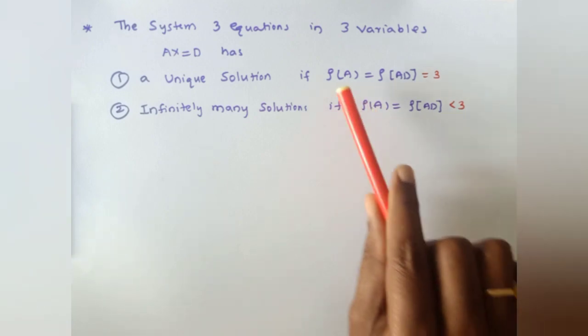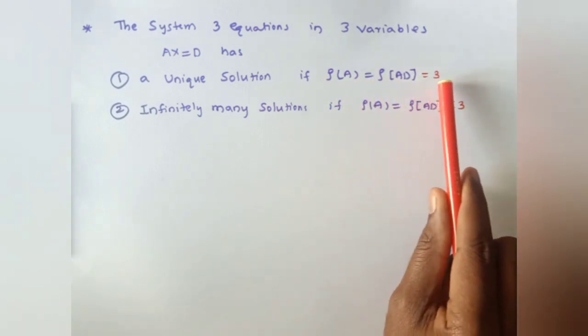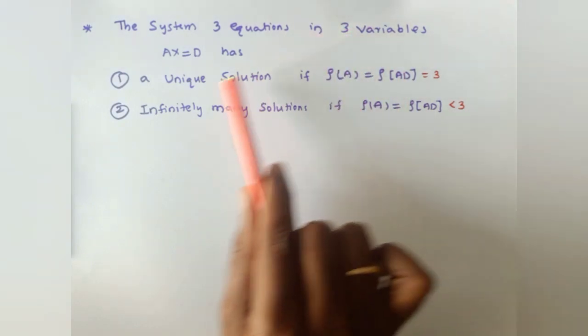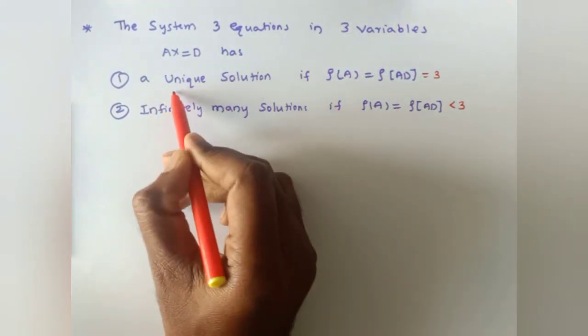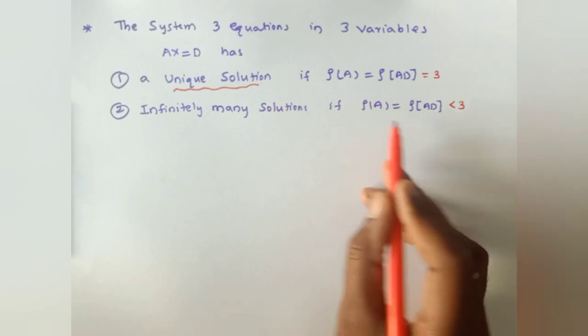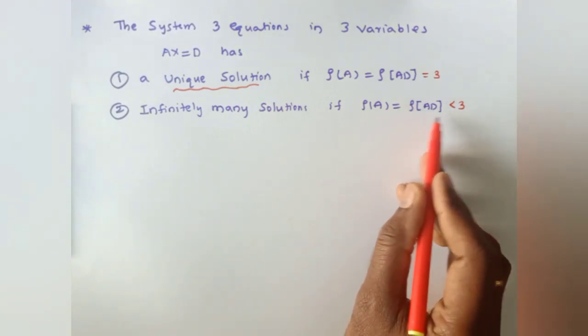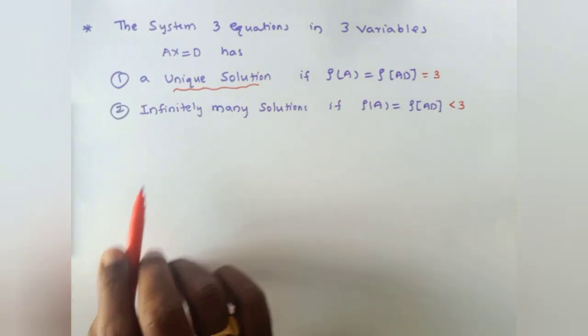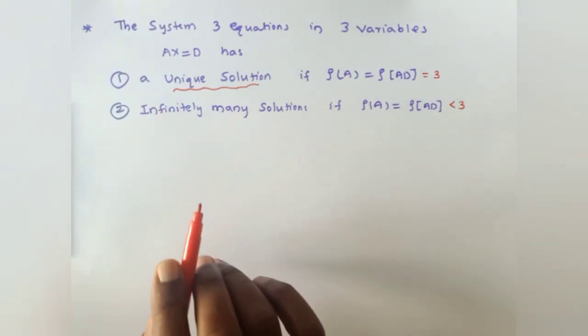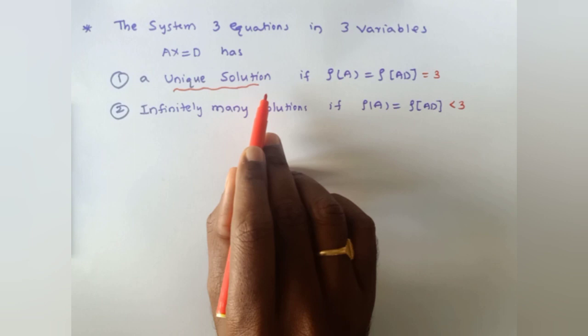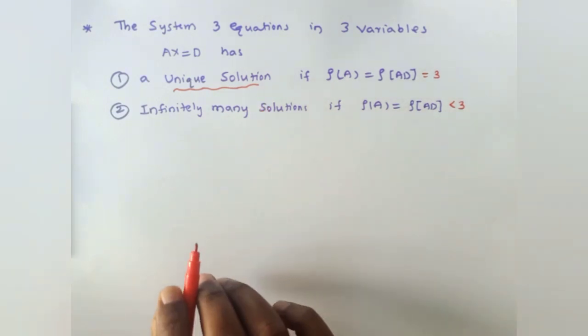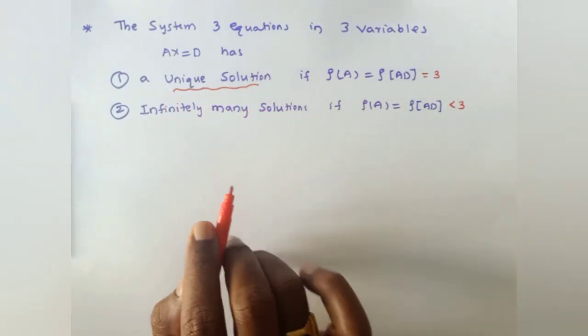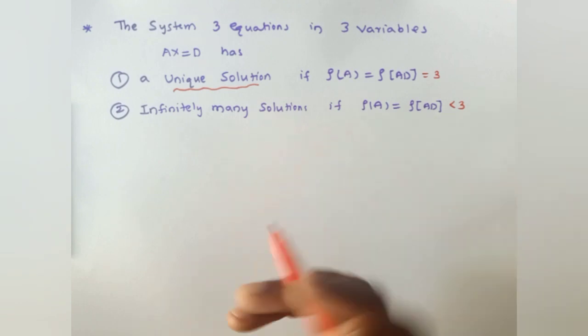Clear? If rank of A is equal to rank of AD, and this is the number of variables, we say that it has a unique solution. If rank of A equals rank of AD but is less than the number of variables, then we say that the system has infinitely many solutions, that is, more than one solution. Unique means only one solution. Infinitely many means more than one.